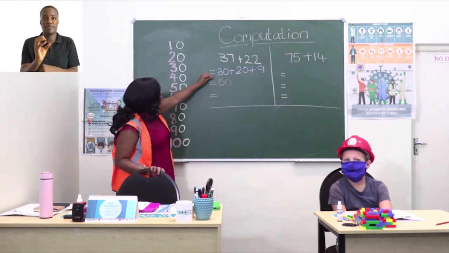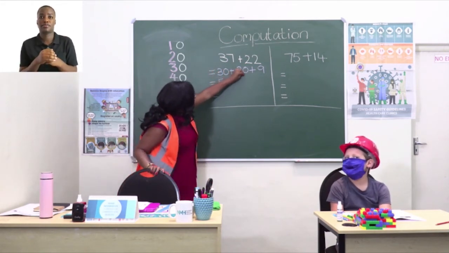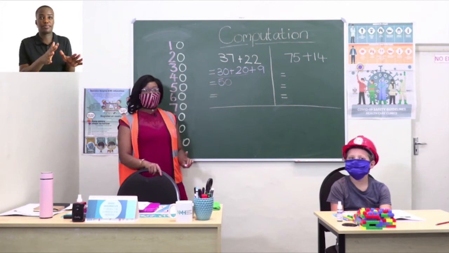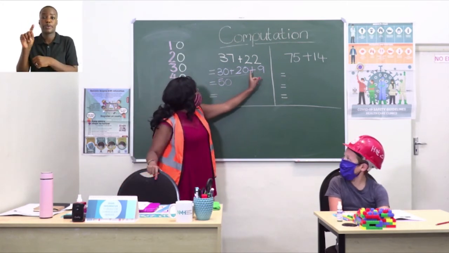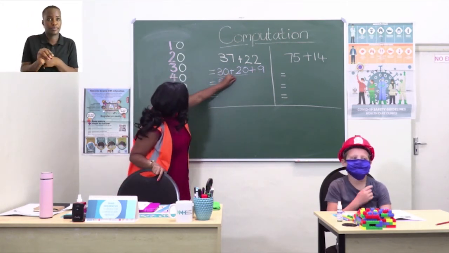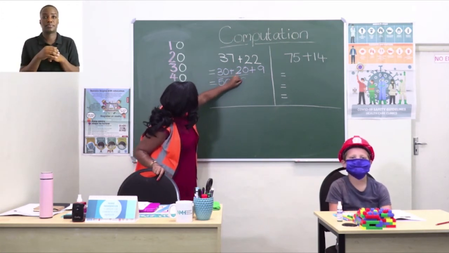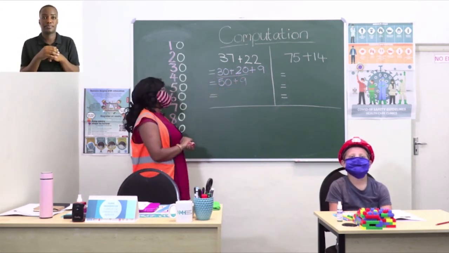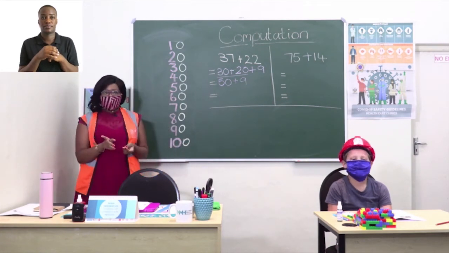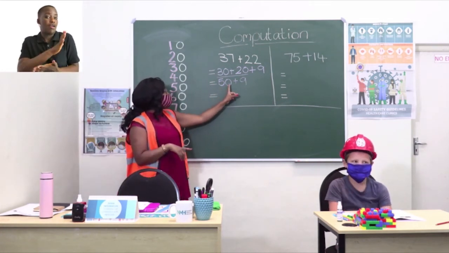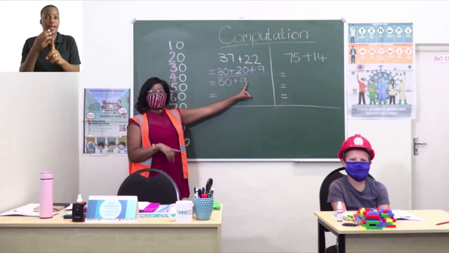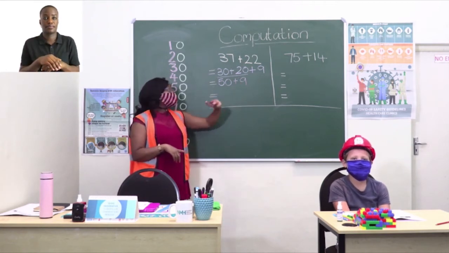So now that we are done with this part, it is now time to bring this part down. We take our plus sign and our 9. Now our sum reads 50 plus 9.